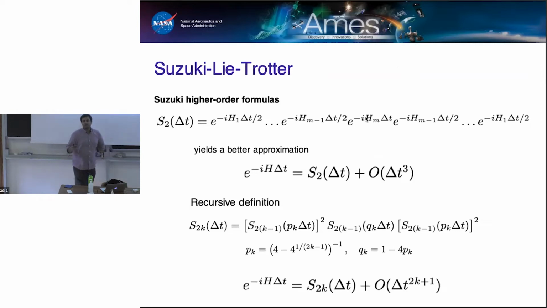Oftentimes you have to do a numerical analysis to actually see if you're winning something by doing those longer exponentials, if the improvement in error is actually that much better or not. These kinds of considerations become all the more important when you have limited fidelities and so forth. I think that beyond the second order, or I guess the third order or so, I've personally not seen too much effort.